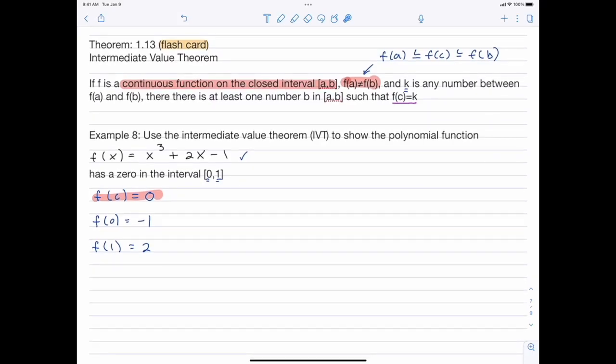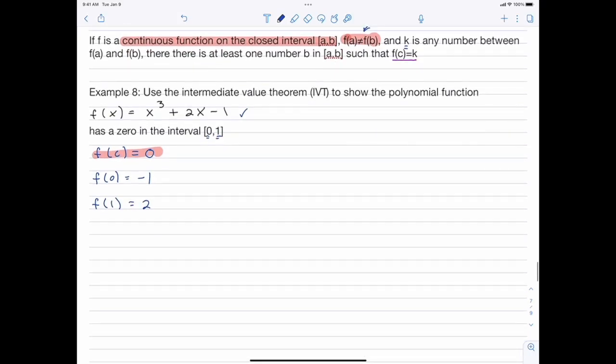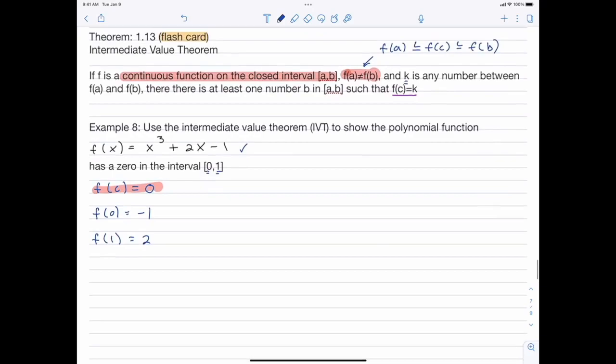So I'm just going to kind of recap. I'm going to say the function f of x is continuous.